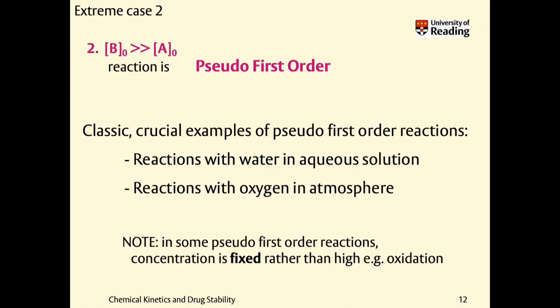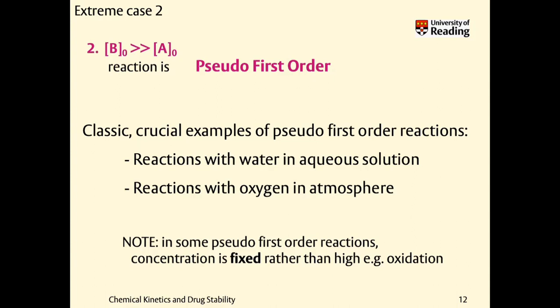Or another example is a reaction that involves oxygen that is in the air. We know that if you remove oxygen from the air, it will immediately be replenished by more oxygen. So even if oxygen is one of the reactants, its concentration will not change. It will continue to be replenished.